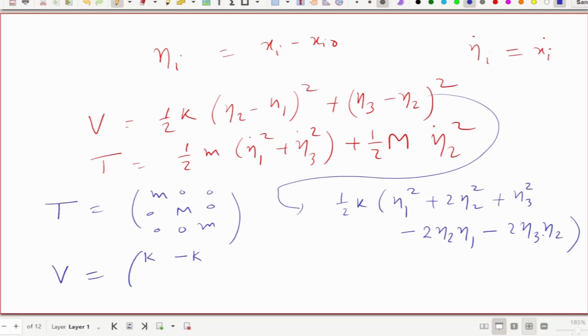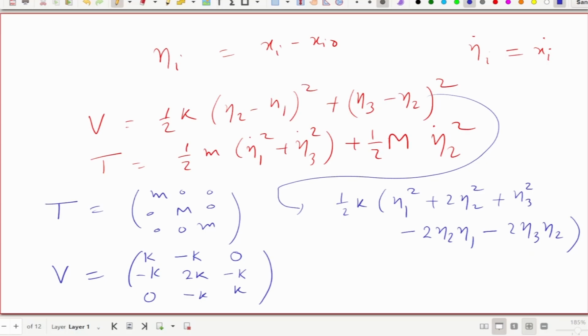And there is no eta 1 eta 3 term, so it will be 0. Then you have minus k, then 2k for eta 2 square, and then again minus k, with 0, minus k and k in the last row.